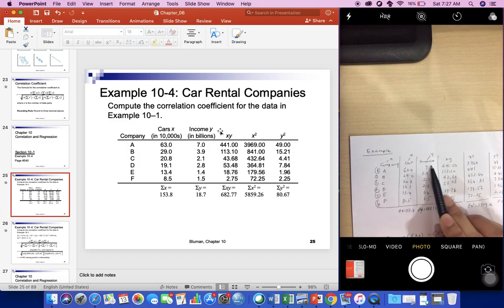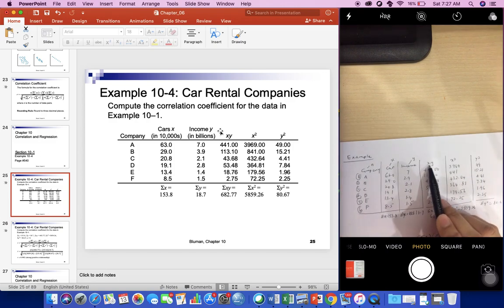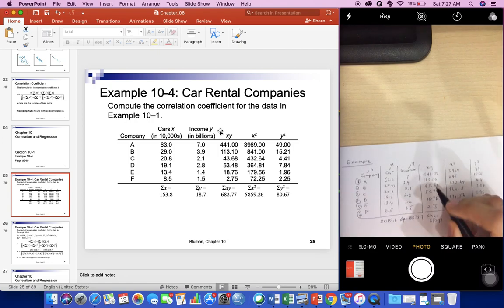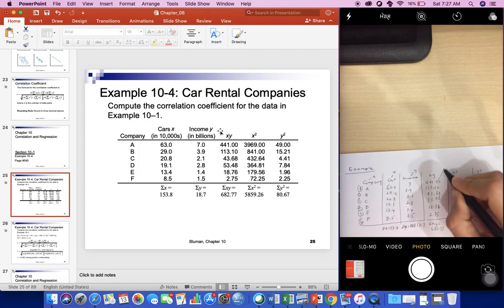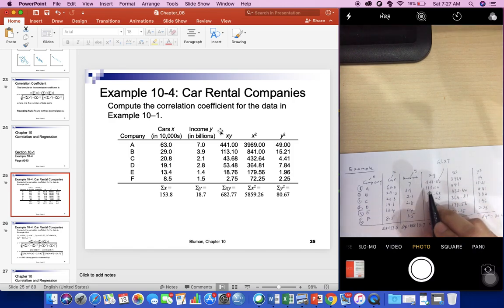The first thing is to search for x times y. Here 63 times 7 gives you 441. The same goes here: 113 comes from 29 times 3.9.